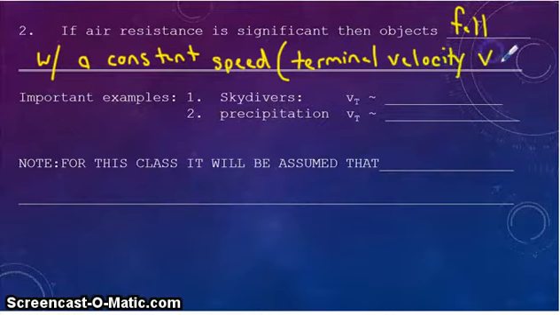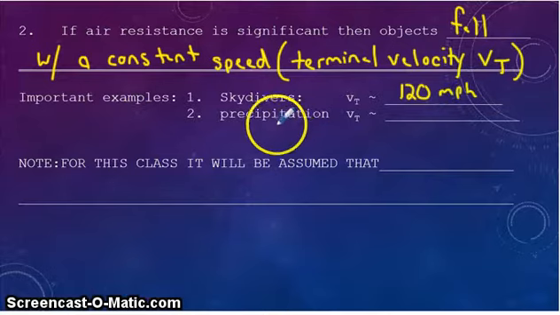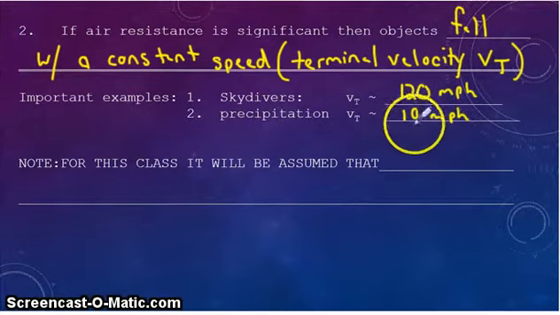And we give it the symbol v sub t for terminal velocity. So to give you some examples, skydivers: the terminal velocity of a skydiver is about 120 miles per hour. Precipitation, so our rain, is about 10 miles per hour. And hail, maybe even upwards to 20 miles per hour.